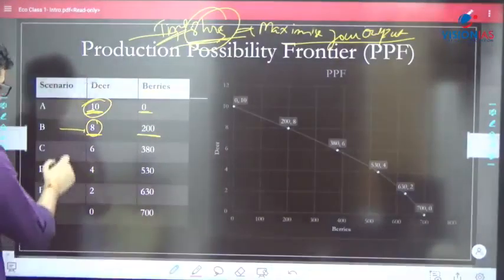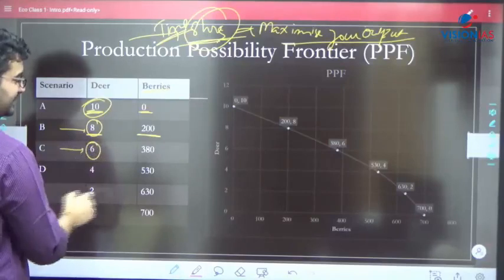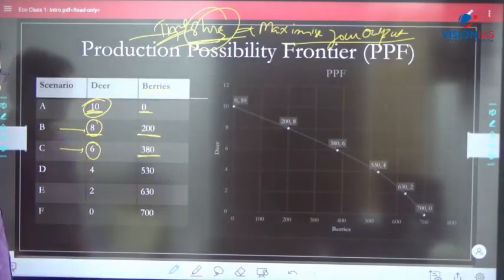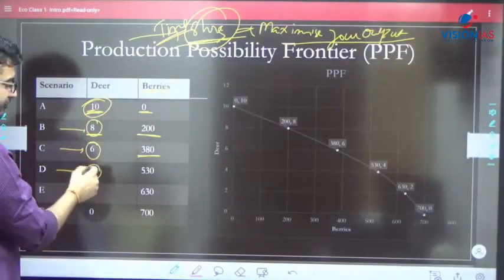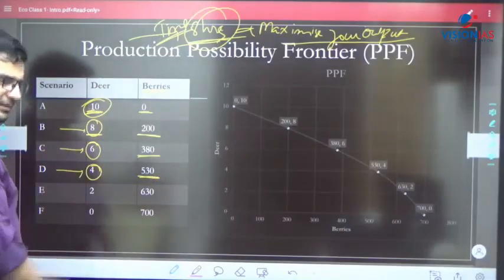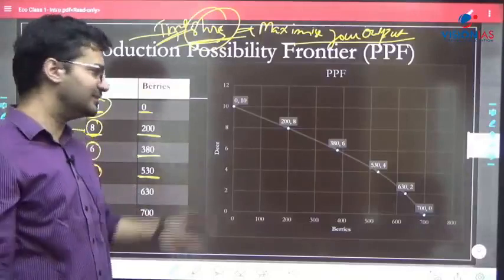Scenario C, you hunt 6 deer and that gives you time to gather 380 berries. Scenario D, you hunt 4 deer and that gives you time to gather 530 berries. These are not scientific numbers, I just made up these numbers so that I can draw this curve.